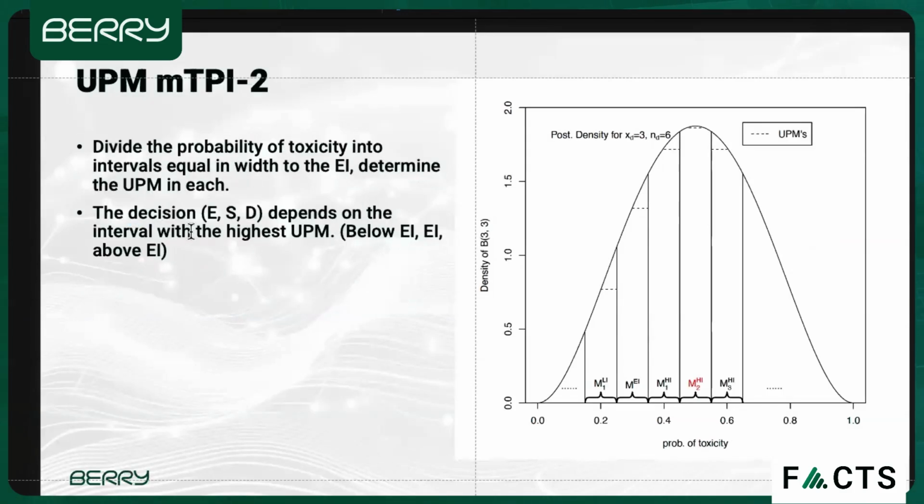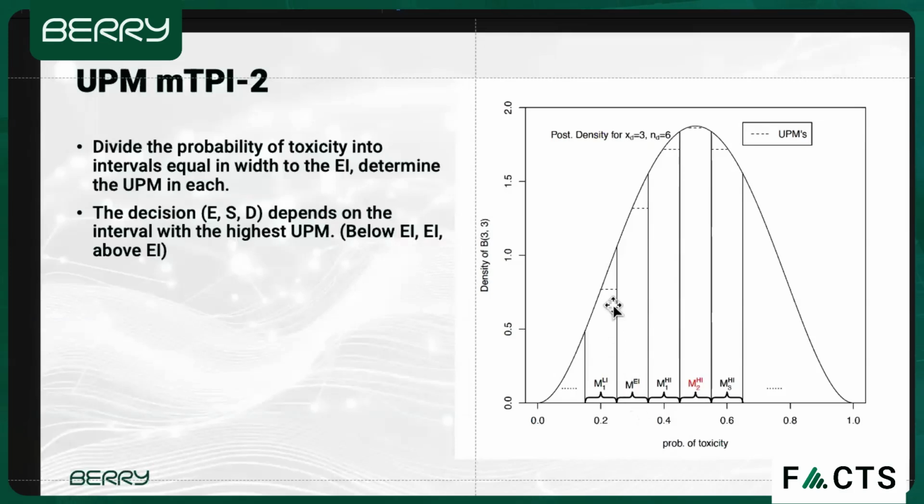So while we're talking about the MTPIs, we'll show you what MTPI2 does, which is that instead of dividing the UPM by the whole interval above or below the target interval, it divides the x-axis up into equally sized strips, each strip equal to the size of the target interval.